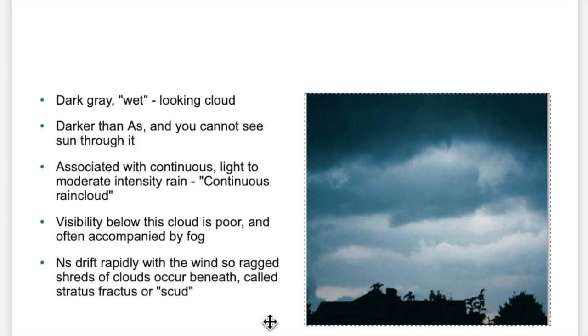So darker, thick clouds associated with continuous light to moderate intensity rain, and visibility below this cloud is poor and often accompanied by fog. And nimbostratus drift rapidly with the wind, so ragged shreds of clouds occur beneath, called stratus fractus or scud.